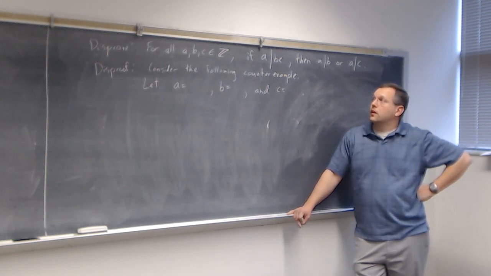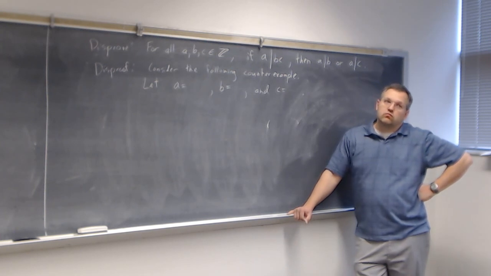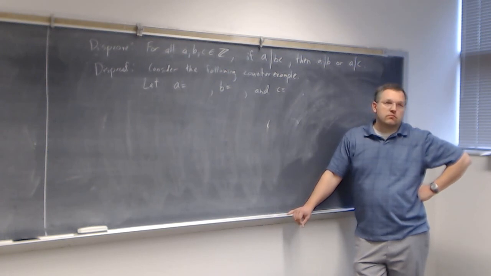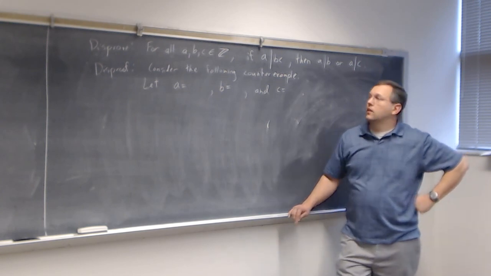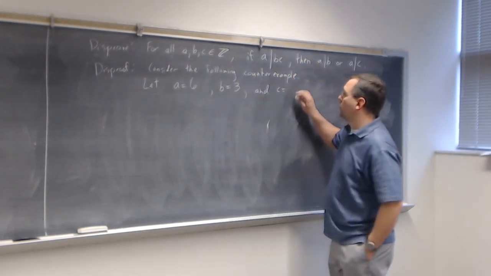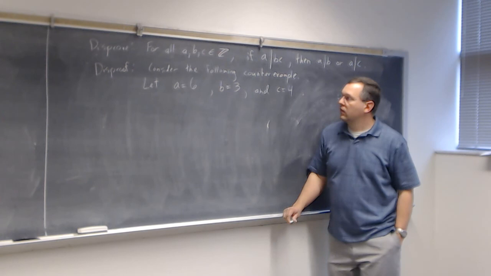A divides the product, but it doesn't divide any of the factors. If A is 6 and B is 3 and C is 4. Good. Did you say 4? Yeah.